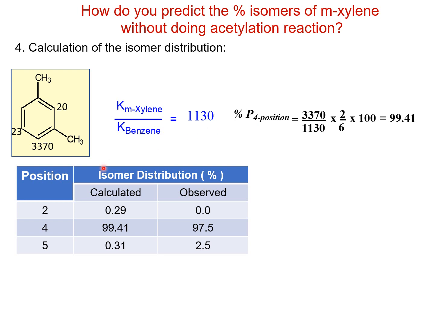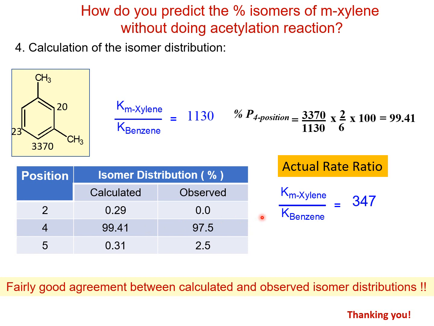A similar calculation you can do for the second and fifth positions, and the isomer distribution of these positions can be seen in the table. The actual rate ratio was found to be 347, which is less compared to the theoretical rate constant.